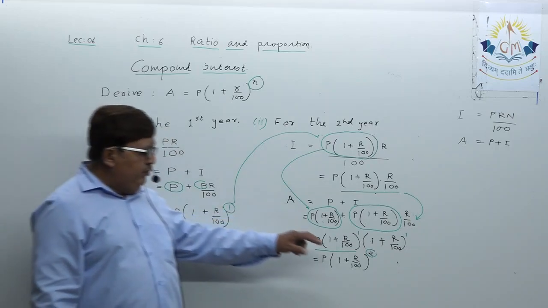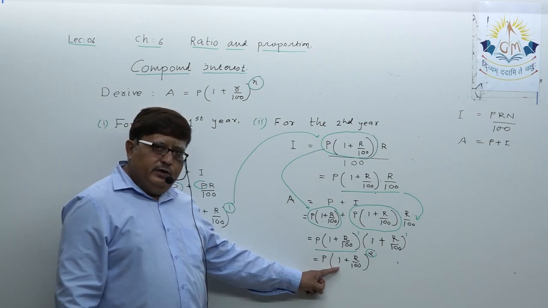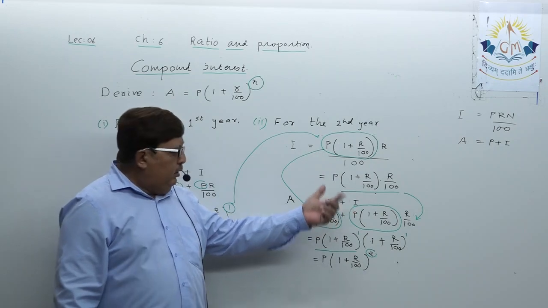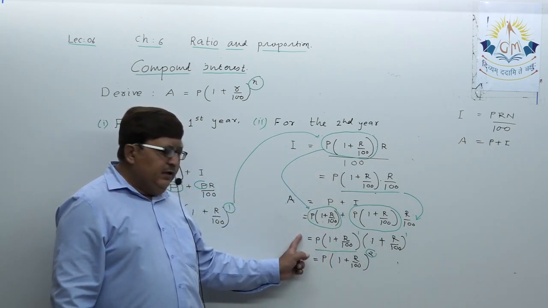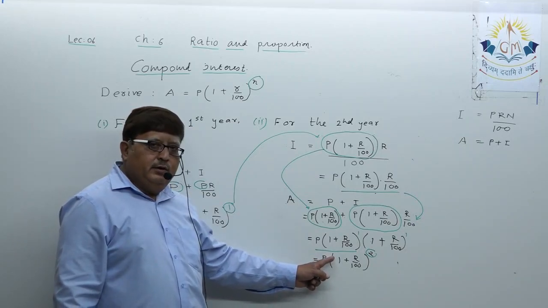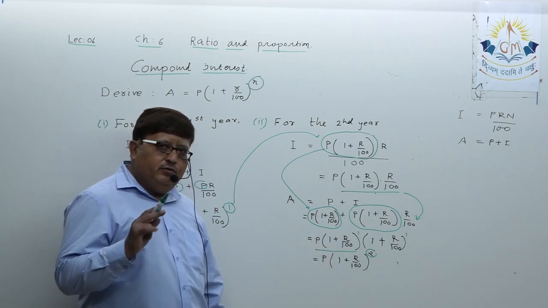If you, dear student, take this as principal for the third year and calculate in the same way, you will get the formula of amount P into bracket 1 plus R upon 100 raised to 3.